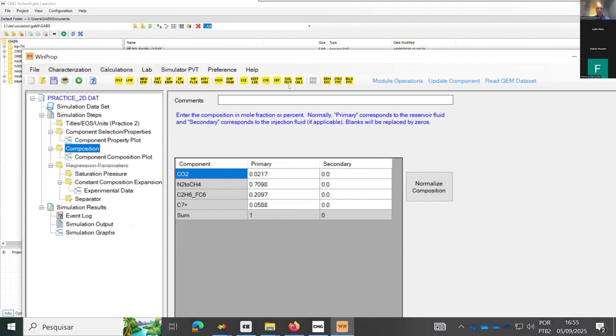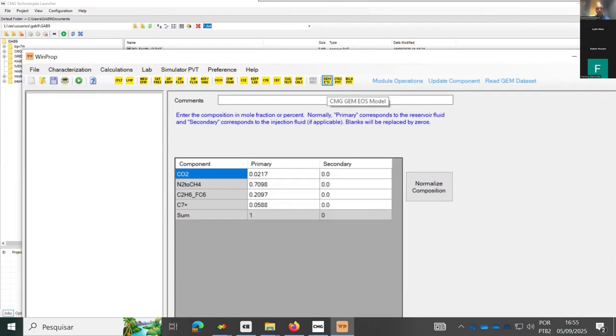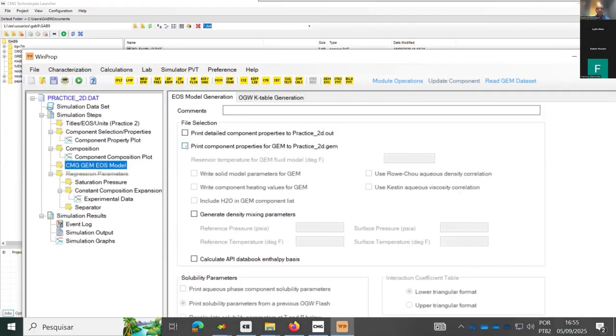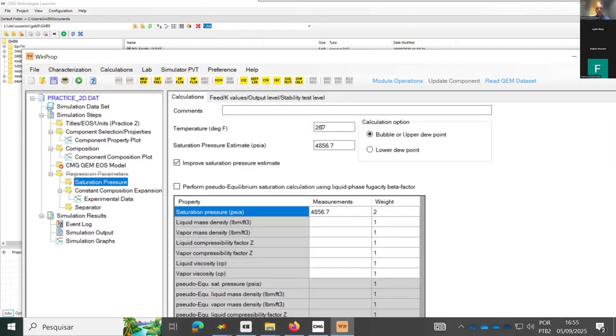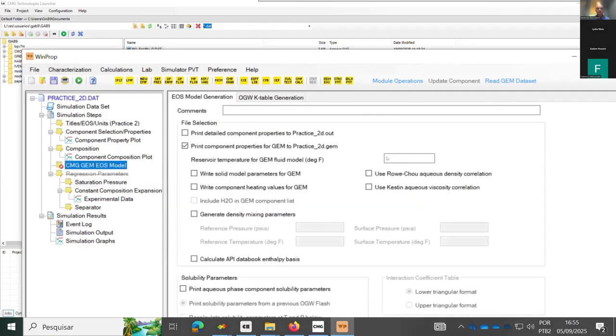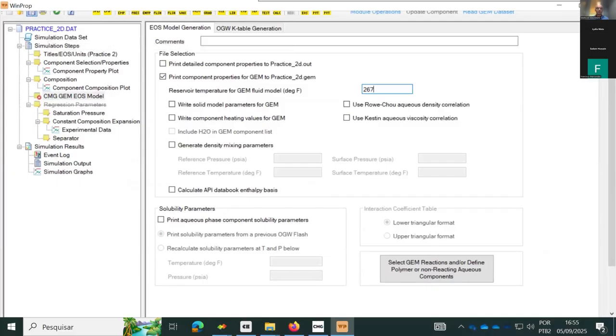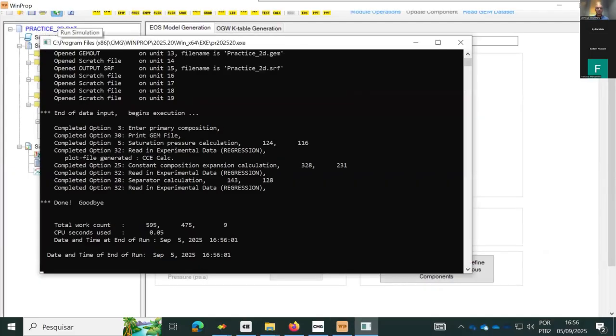So click on composition, click on the GEM button here. You need to input temperature. To input the temperature, you can click on this second button. I will use this temperature, 67. I'm assuming that this temperature is representative for the reservoir. Save and run.